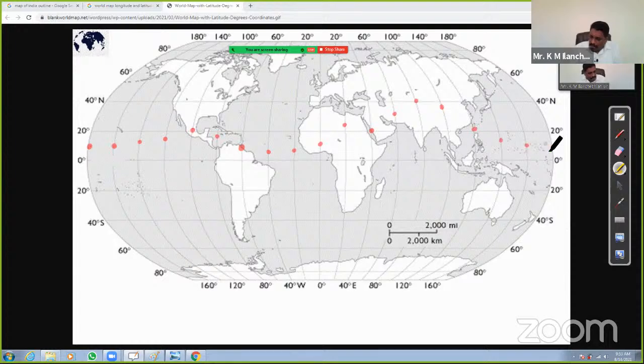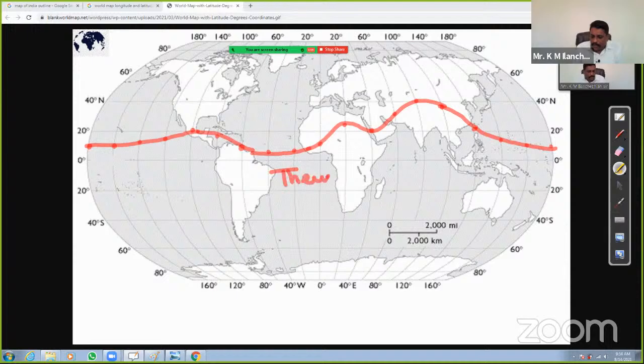You are marking all the highest temperatures of a day along these different longitudes. After marking, you are joining all these places. So what you have now, this is what you call what? Thermal equator. All right. So I hope you understand what this thermal equator is.